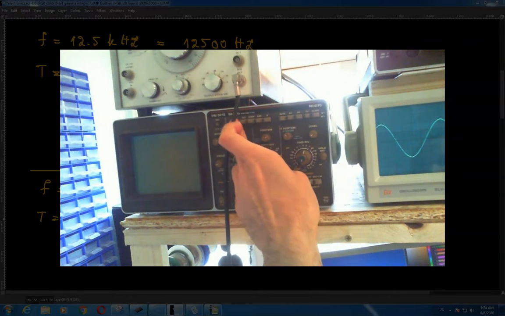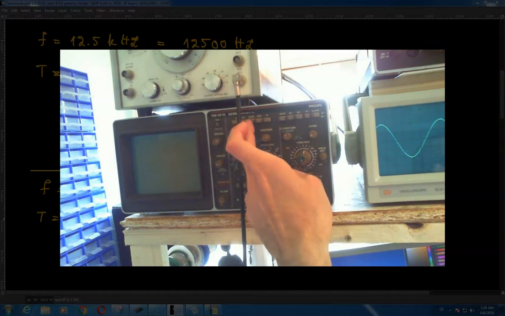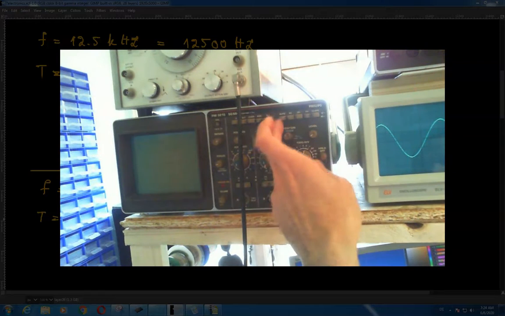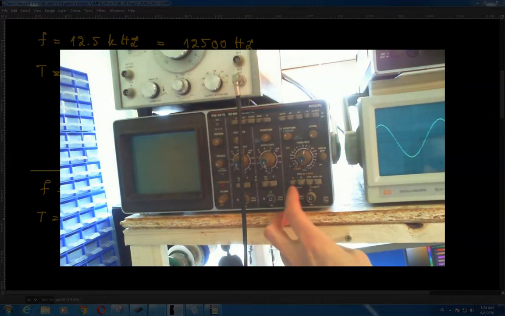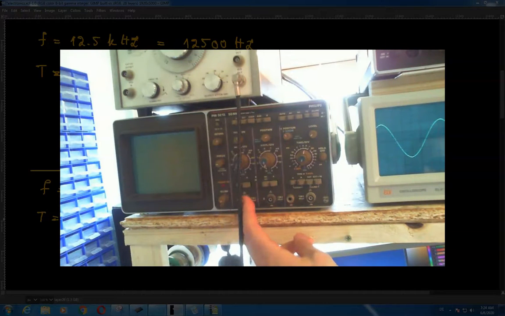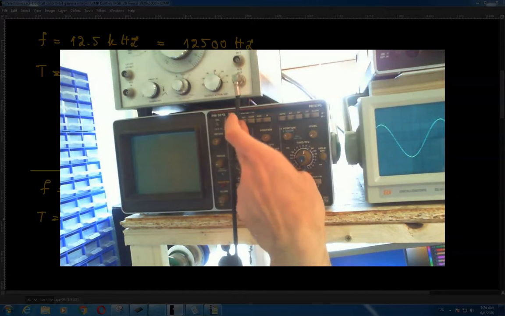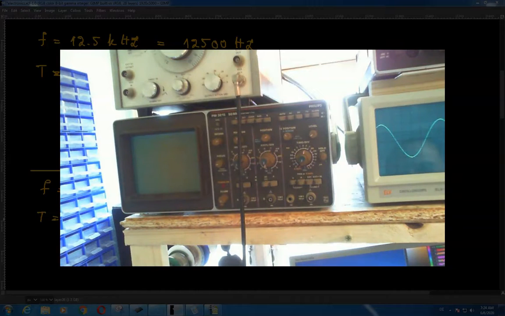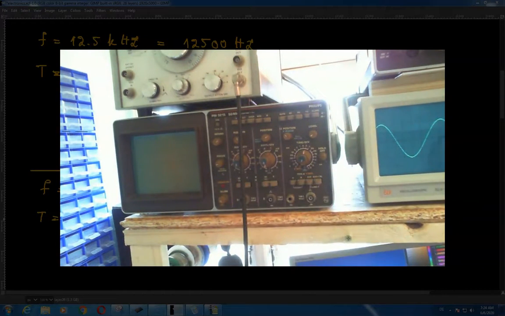I can choose channel 1, channel 2, and then alternative, chop, add. This is for the time base, and this is for trigger. I think the dual mode on this oscilloscope would be the alt mode, if I'm not mistaken. But we need to turn this on and see how that works, if that's necessary.